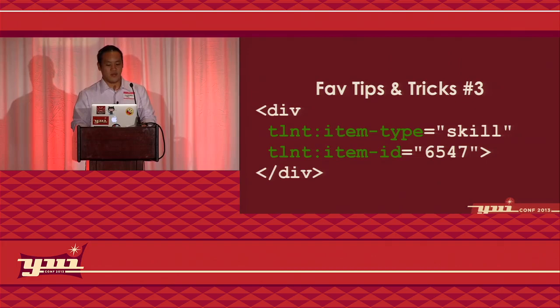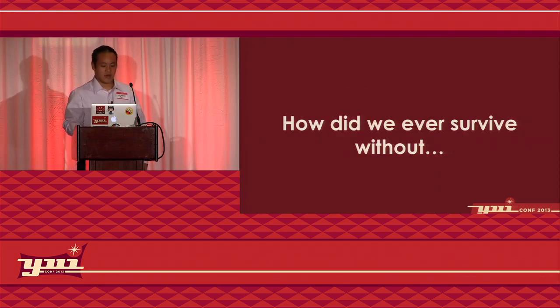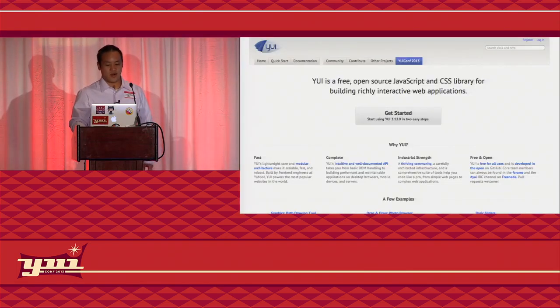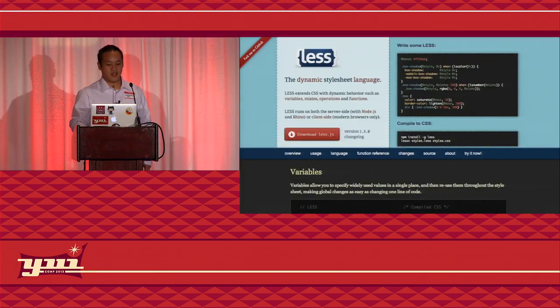So when you create your custom attributes, you're able to use node.getAttribute to get the value of whatever you want. And some of the favorite technologies that we used are YUI, Pure, Less, and Font Awesome.